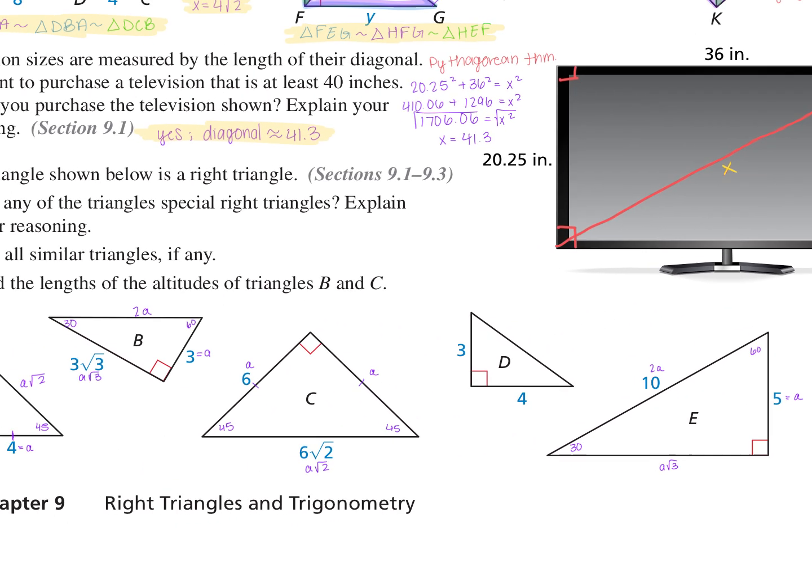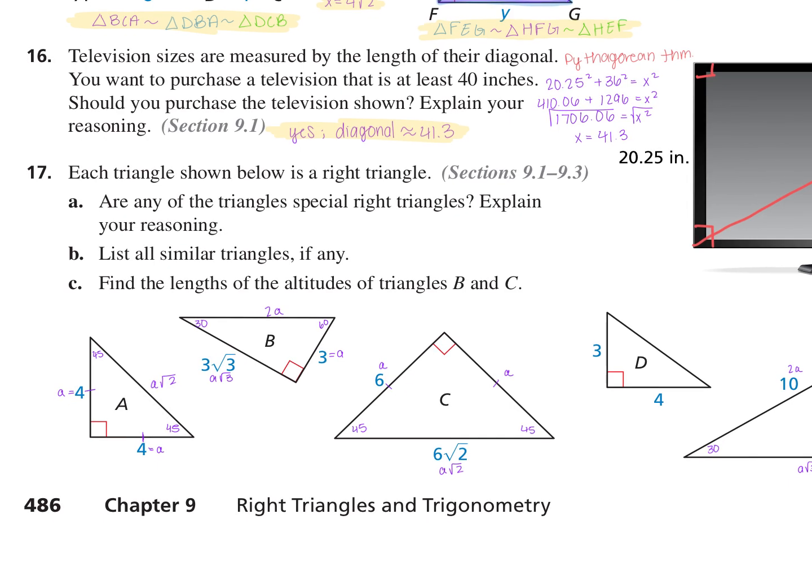So, labeling. Are any of the triangles special right triangles? Yes. What do I have right now? My A and my C are 45, 45, 90 triangles.